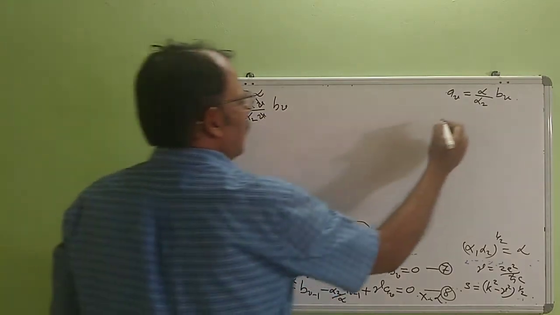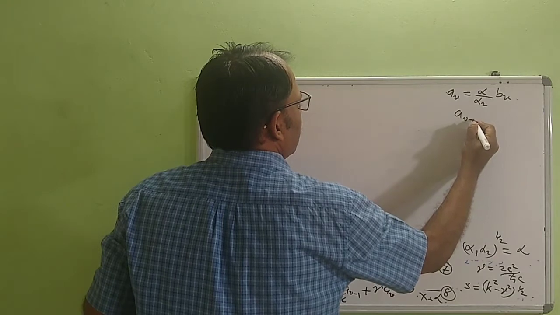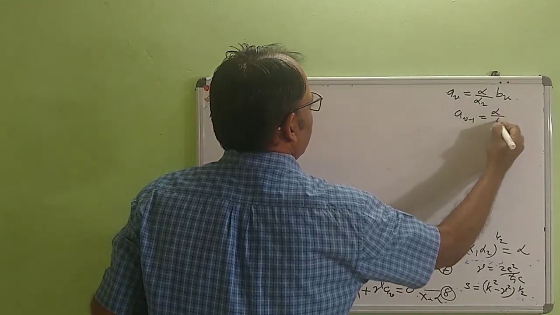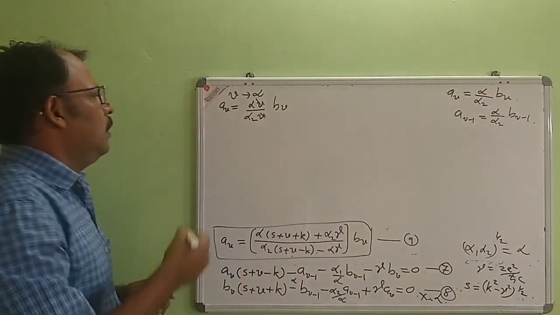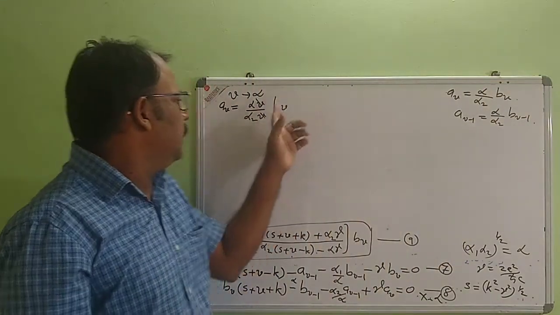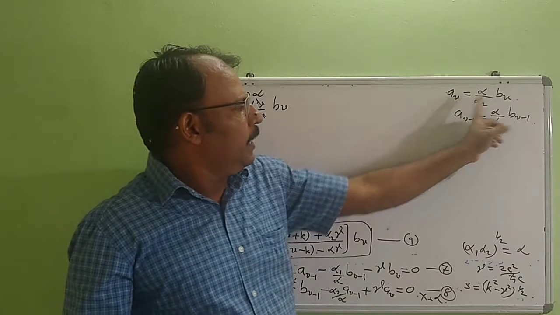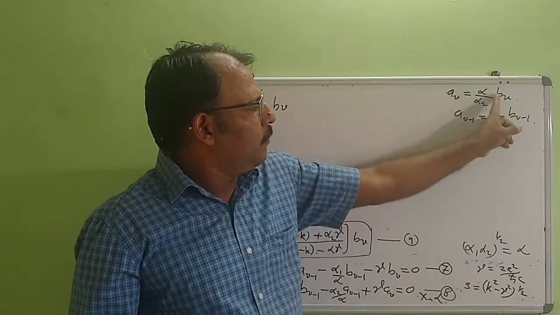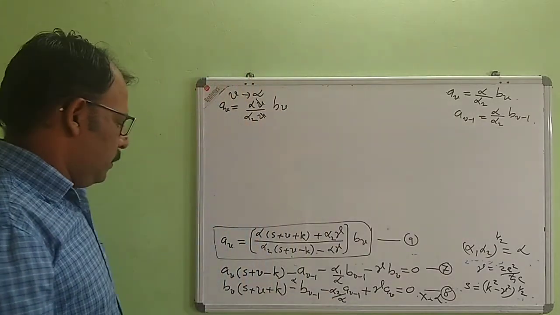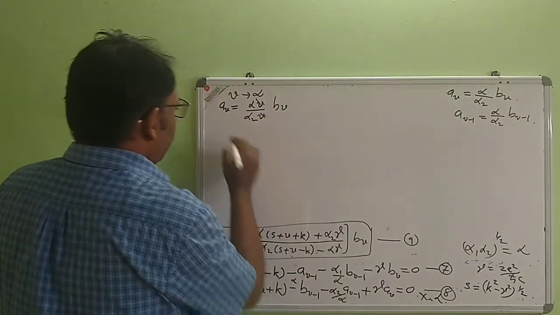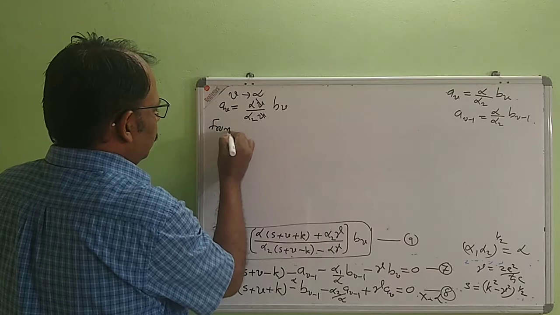In a similar way, we can write AV minus 1 equal to alpha by alpha 2 BV minus 1. For high value of V, we can write the relation between AV and BV as AV equal to alpha by alpha 2 BV. Now take equation 7.